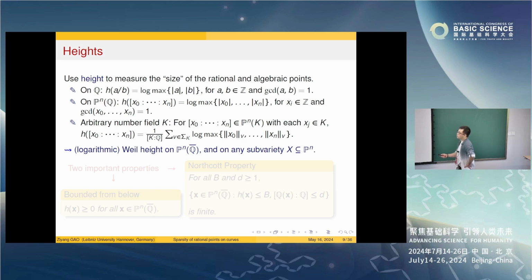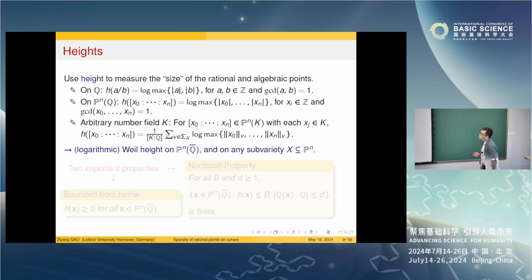First, on Q, any rational number can be written as a over b with a, b coprime integers. And the height of this rational number is log of the max of the absolute values of the numerator and the denominator. So as soon as the numerator or the denominator is large, we say that this number is large. It suffices for one of them to be large.